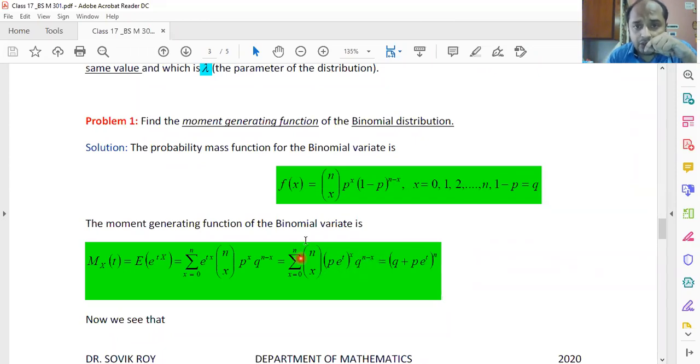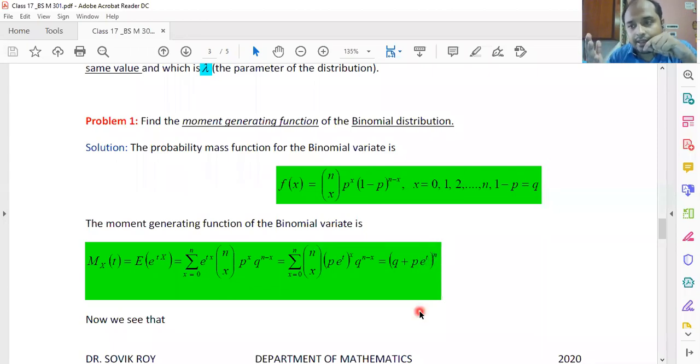If you carefully observe this expression, you will find that it is nothing but the general term of the expansion of q plus p e to the power t whole thing to the power n. If you use the binomial expansion rule, you will get this as the general term. So I have written here q plus p e to the power t whole thing to the power n.